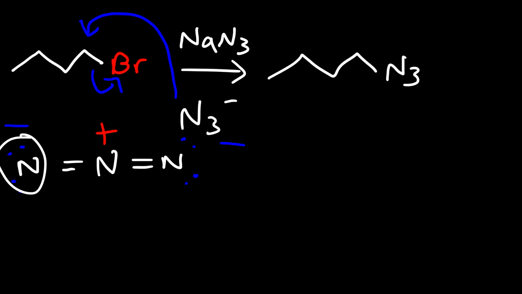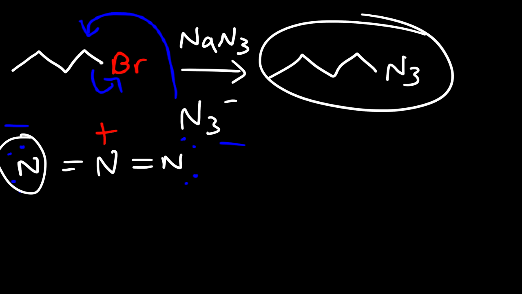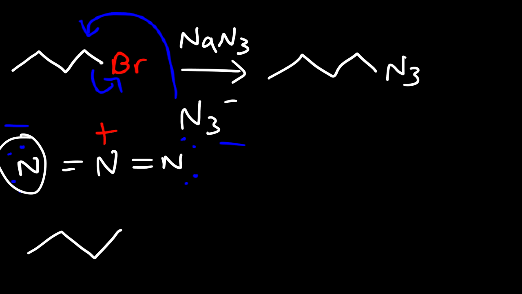So one of these 2 nitrogens attacks the carbon atom. And so this compound looks like this. Here is the nitrogen with a positive charge. On the left, the nitrogen is neutral because it has 3 bonds. On the right, it has a negative charge.